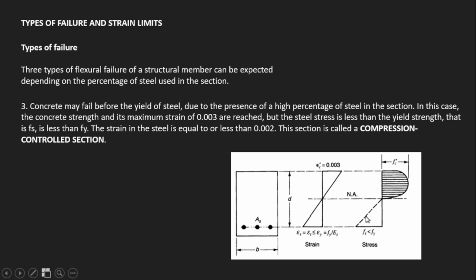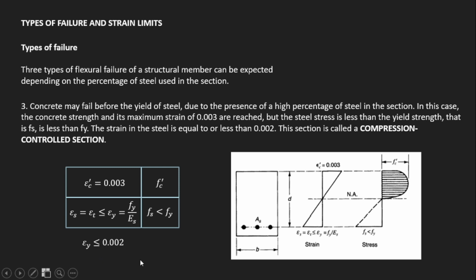So, natawag dito, pag nauna mag-fail yung concrete natin or for our compression fiber, or naabot yung 0.003 na strain for our concrete, this is called a compression controlled section. And tandaan, for tension controlled, pag yung strain natin na greater than or equal to 0.005, automatic that is tension controlled. Pero for this compression controlled section naman, pag na-check natin yung strain in our steel, if it is less than 0.002, automatic that is compression controlled section.